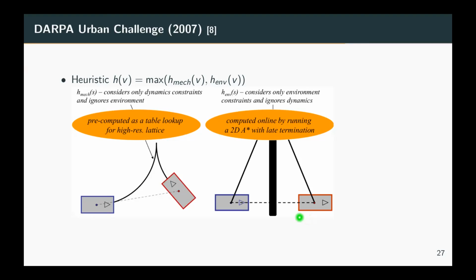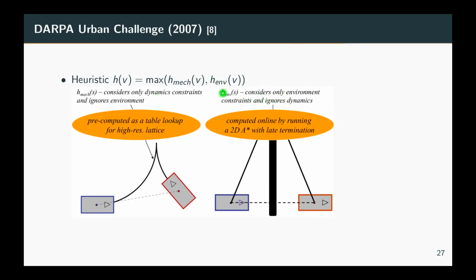The first part only considers dynamic constraints, but ignores the obstacles in the environment. So it doesn't have any geometric reasoning, but it knows, for example, that if I have to park and do these kinds of U-turns, that's really costly, right? Whereas if I go at a high speed just in a forward motion, that's not very costly. And they pre-computed that heuristic for the high resolution lattice.